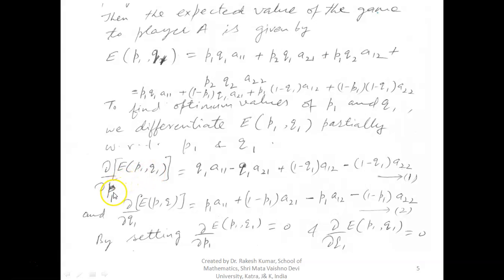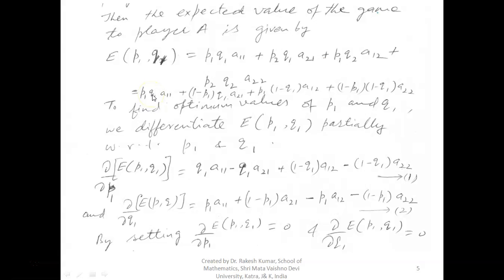Once I differentiate this with respect to P1, I get this. How do I get it? Differentiate this only with respect to P1. Differentiation of P1 with respect to P1 is 1, and you are left with Q1 A11, because we are doing it partially, so we keep Q1 as constant.